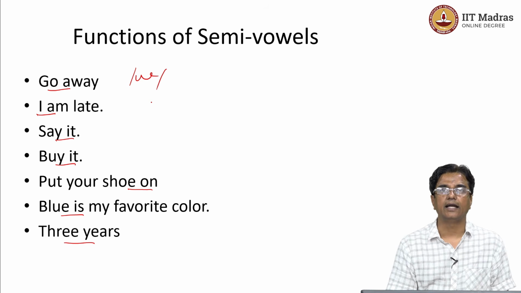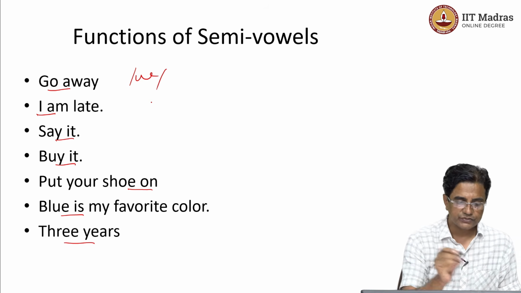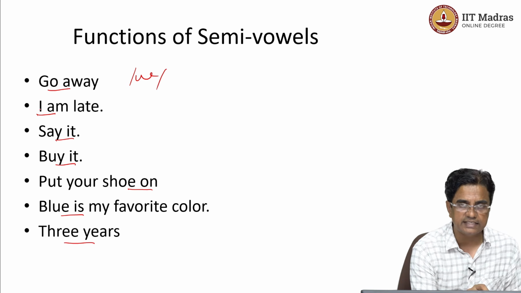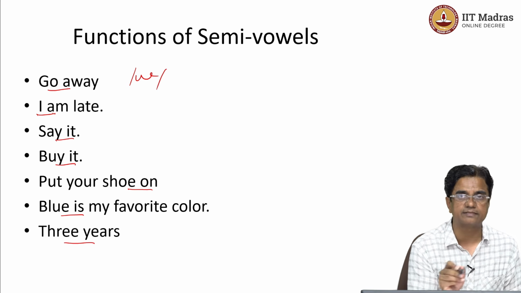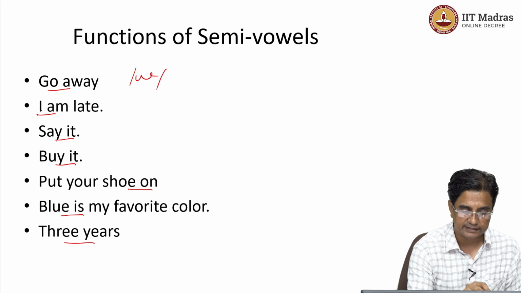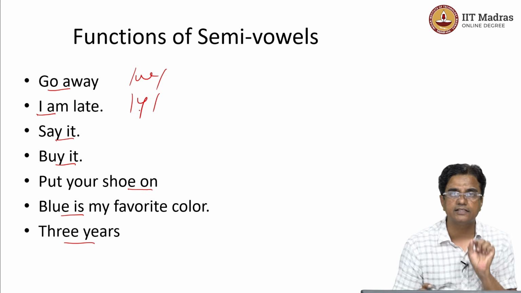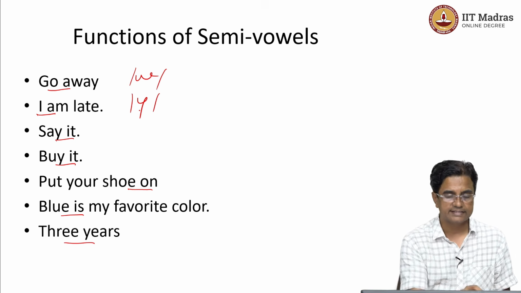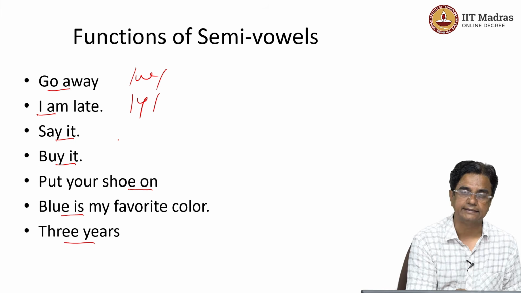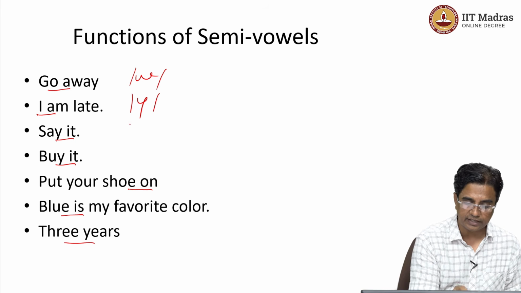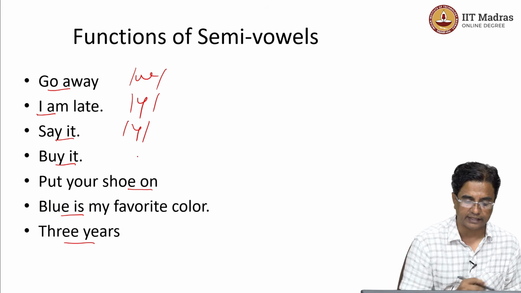I am late. I am late. So when we hear this in regular, fast speech, there is a ya sound between I and am. There is a ya sound in between. Say it. Say it. Before it, you have a ya sound again.